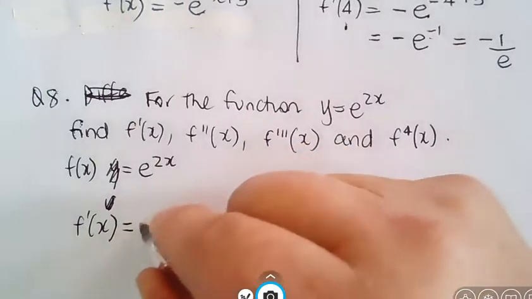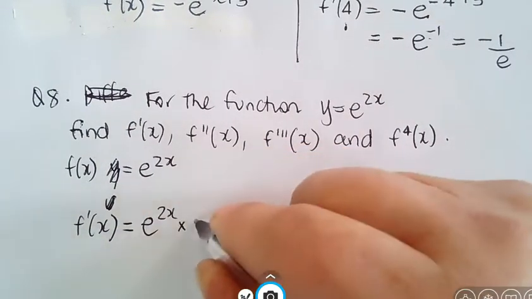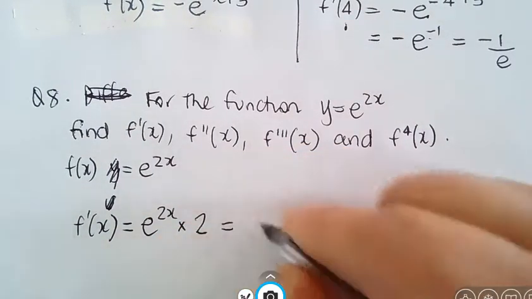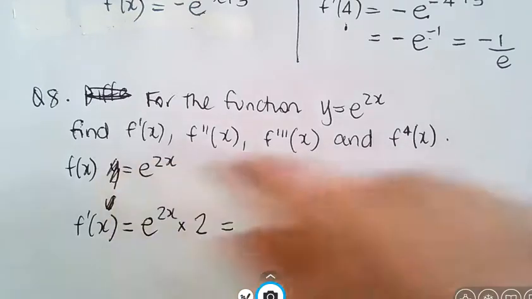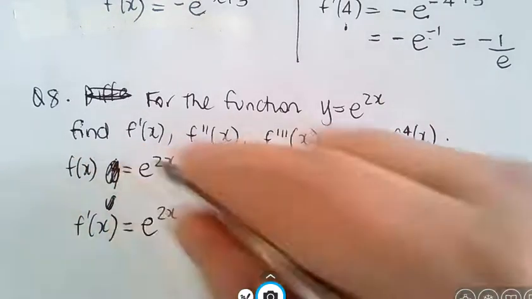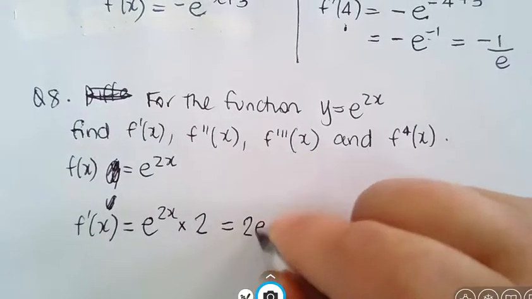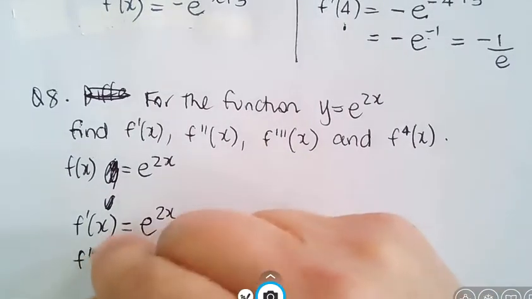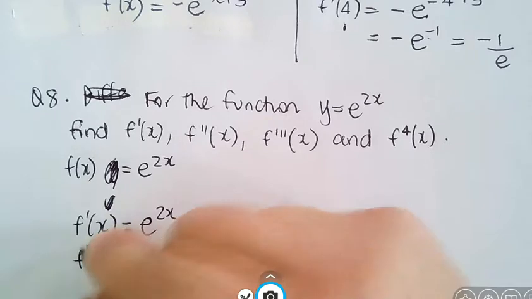So e to the 2x times 2. I'm going to call it function of x because it is a function in x. The first derivative is 2e to the 2x. Keep going. Do the second derivative.